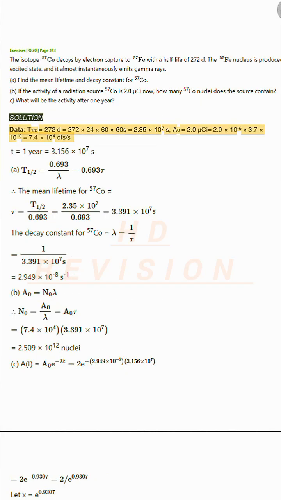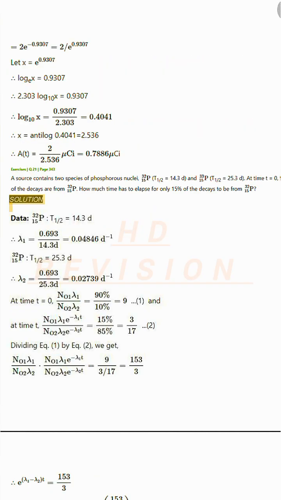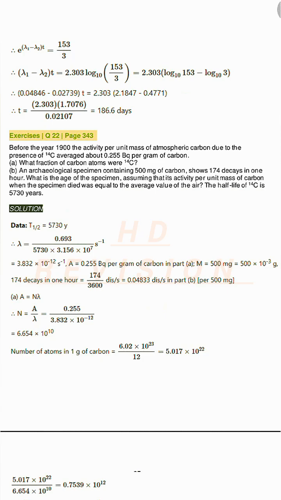Data. T half equals 272 d equals 272 × 24 × 60 × 60 s equals 2.35 × 10⁷ s. A0 equals 2.0 μCi equals 2.0 × 10⁻⁶ × 3.7 × 10¹⁰ equals 7.4 × 10⁴ dis/s. Solution.